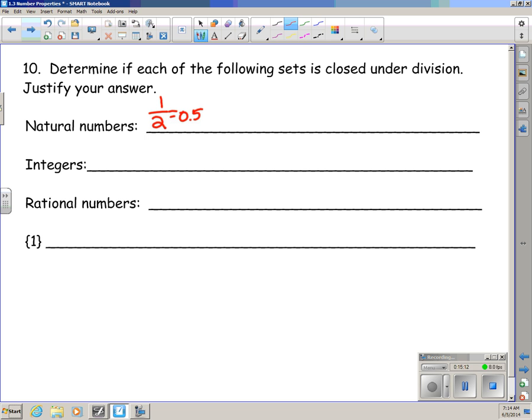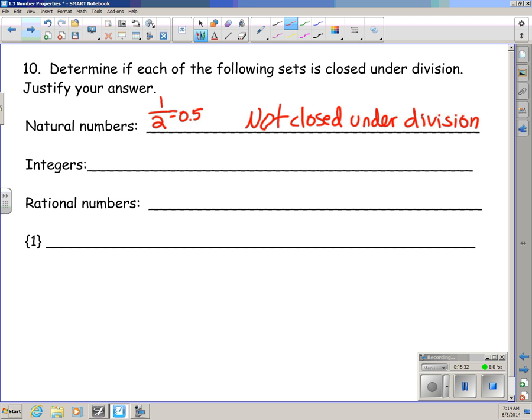So this set is not closed under division, which means it's open. You could say it's not closed or you could say it's open.